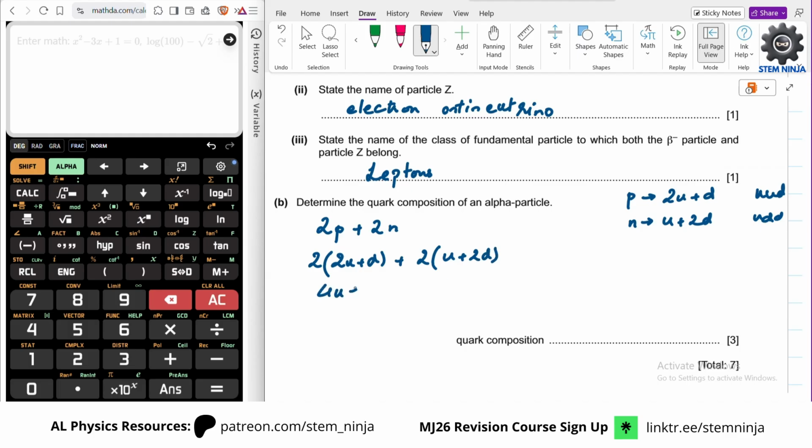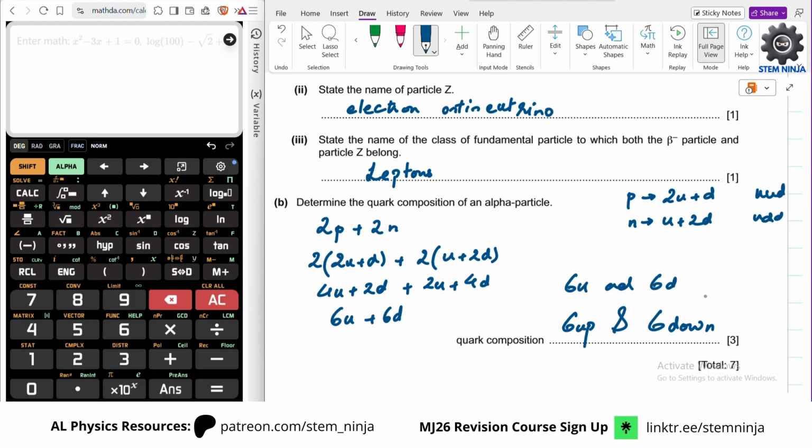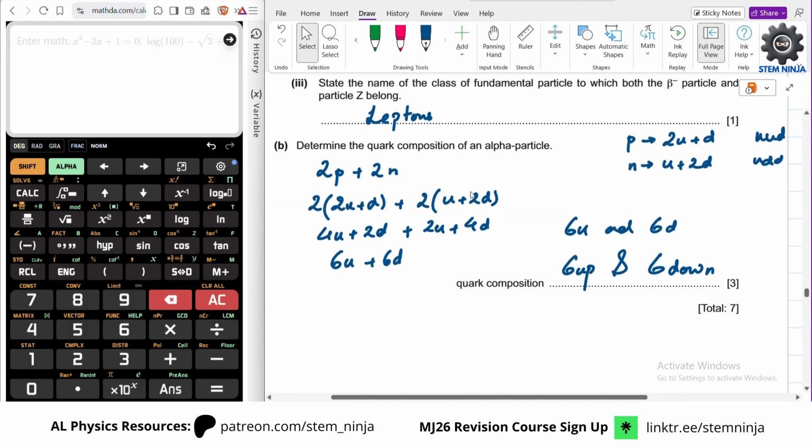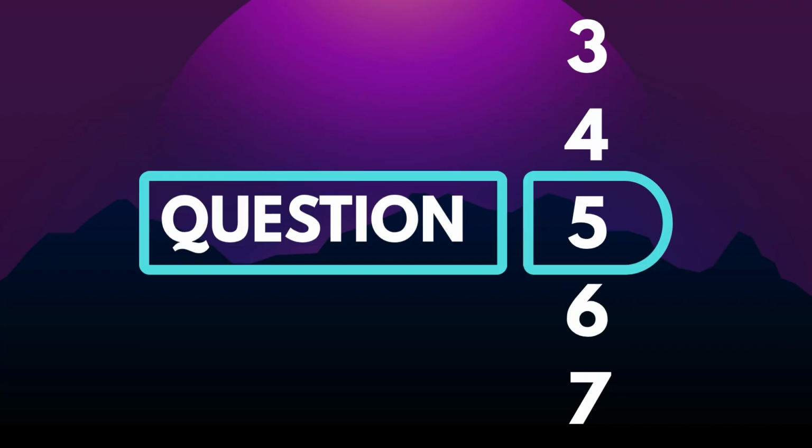So this turns into 4u plus 2d plus 2u plus 4d. Finally, you have 6u plus 6d, 6 up and 6 down. And that's it for this question. Moving on to the next question.